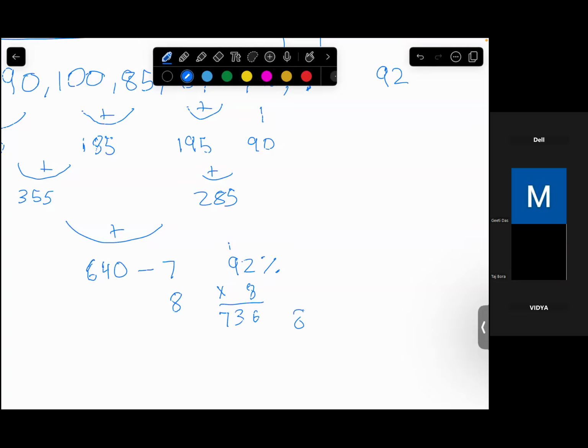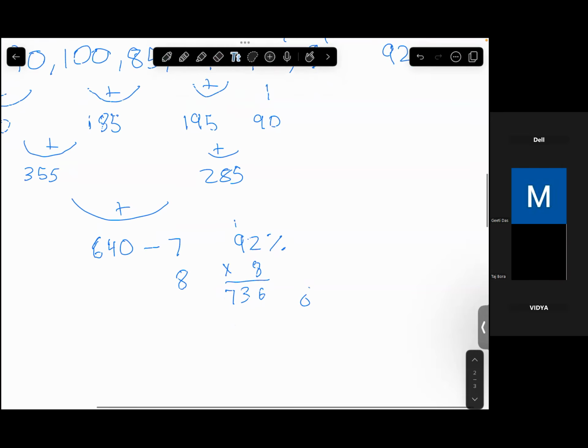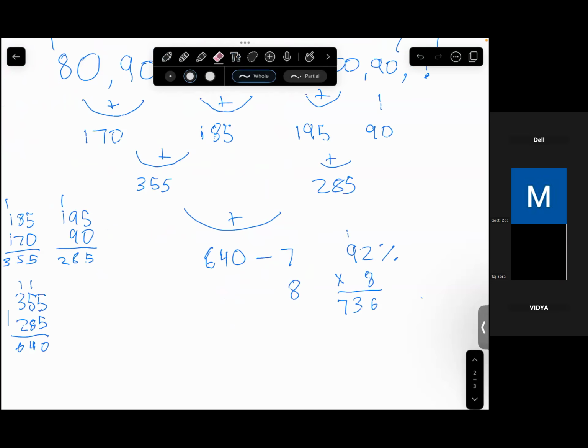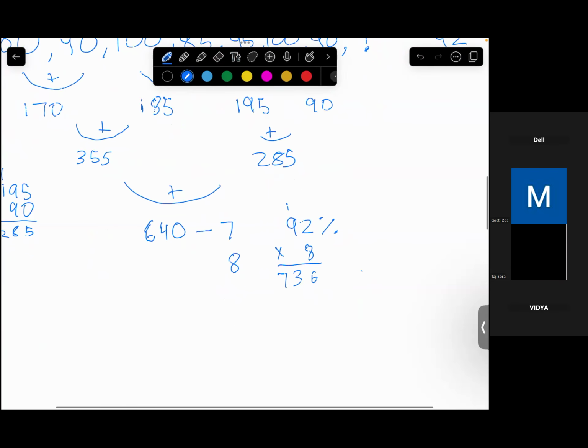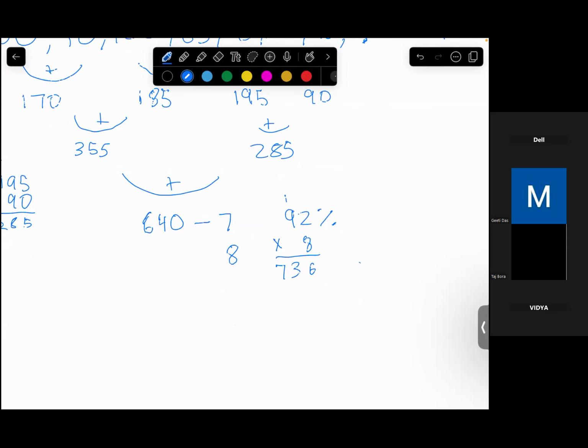Now, we know that he has already scored a 640. So what does he need to score on his 8th test to get this 92%? Now we just need to do the difference. So the difference is subtraction, and we would subtract 640 from 736.